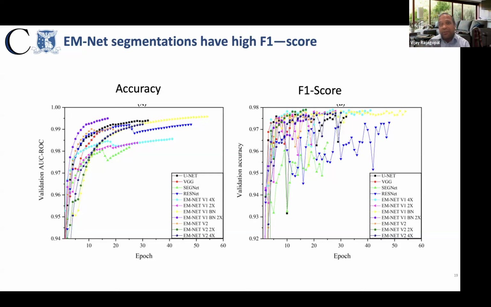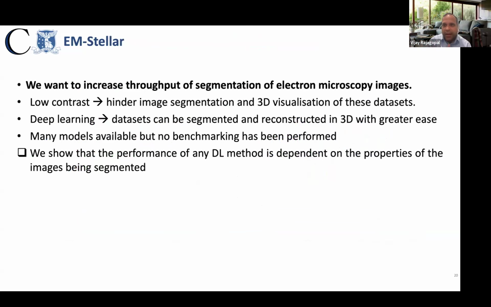And we found that there really wasn't any benchmarking done for the performance of AI models in segmenting electron microscopy images. So what we decided to do was do that work. EM Stellar is our attempt at benchmarking AI models for electron microscopy image segmentation.